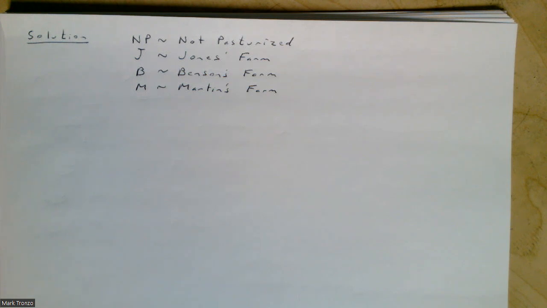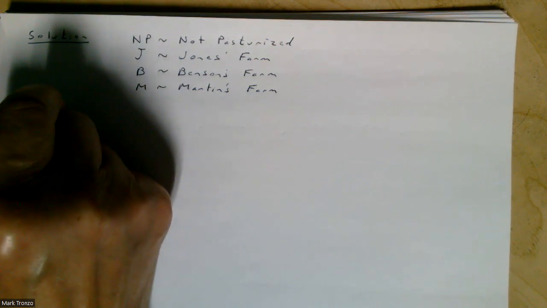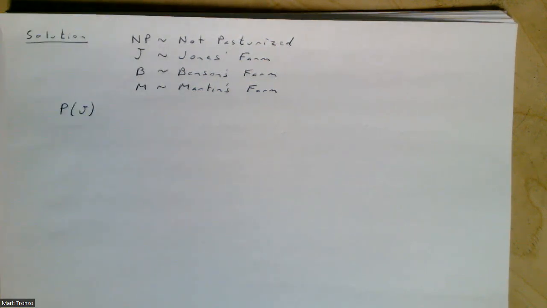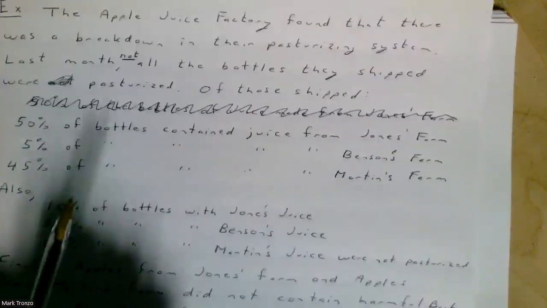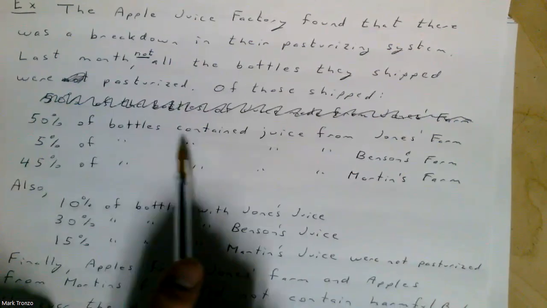So now we know some information, and sometimes when you're doing these problems, maybe it's helpful to organize the data. It'll be a little bit easier to work with. So, for example, we know the probability that it came from Jones's farm is going to be 50%, because 50% of the bottles contain juice from Jones's farm.